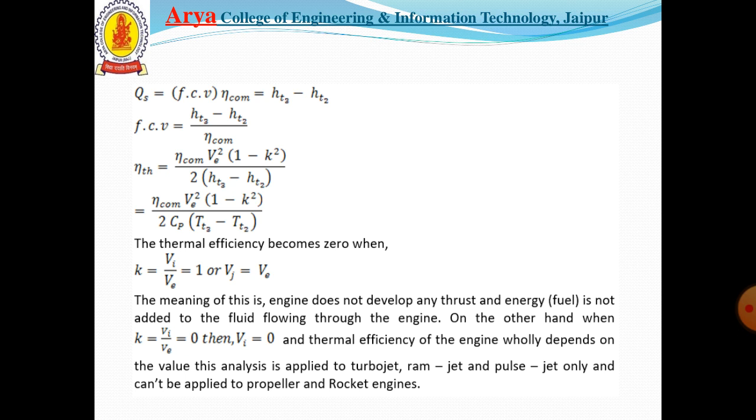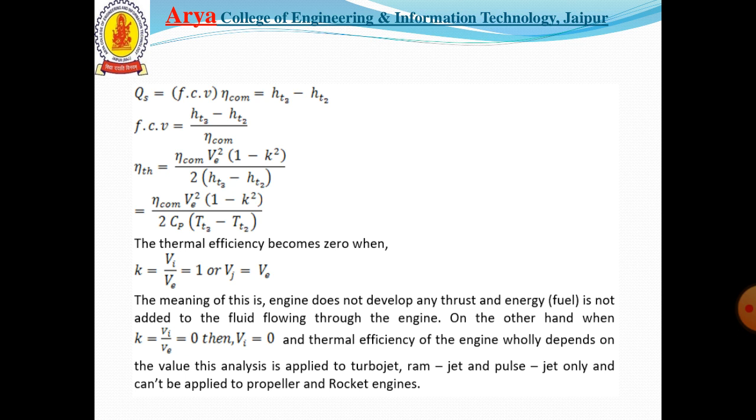The thermal efficiency becomes 0 when, from the above relation, K equals Vi upon Ve equals 1, that is Vi equals Ve. The meaning of this is the engine does not develop any thrust and energy, that is fuel is not added to the fluid flowing through the engine.